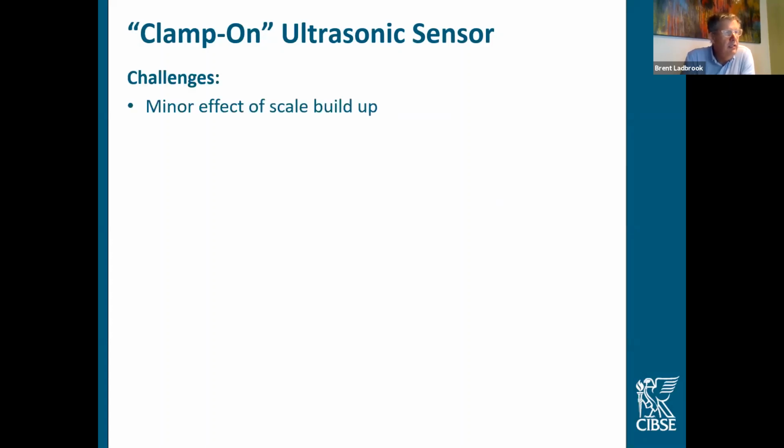Clamp-on ultrasonic, as we saw, we can clamp 2 transducers, a minor effective scale builder, typically a higher cost, but the benefit is that it doesn't really change the price on the pipe size, so these could be very, very economic for particularly larger size pipes, but can also be expensive for smaller pipes unless that pipe is already installed and the cost of cutting the pipe and disturbing the flow is a real problem.